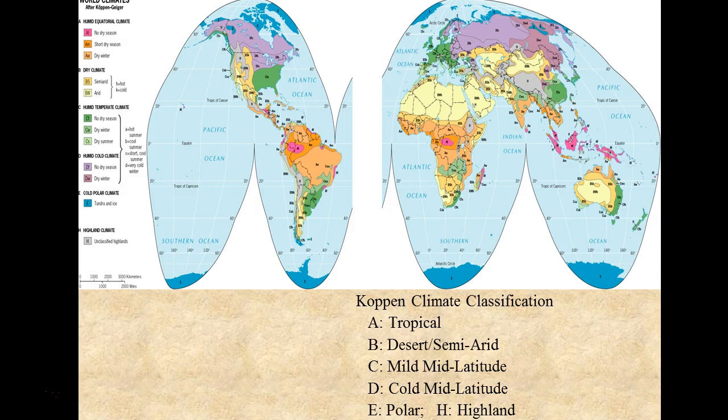Within each of these broad categories, we will have subcategories. For example, B climates are dry climates and can be distinguished between semi-arid and arid, here indicated with S and W respectively. Therefore, a BS climate is classified as a dry, semi-arid climate.